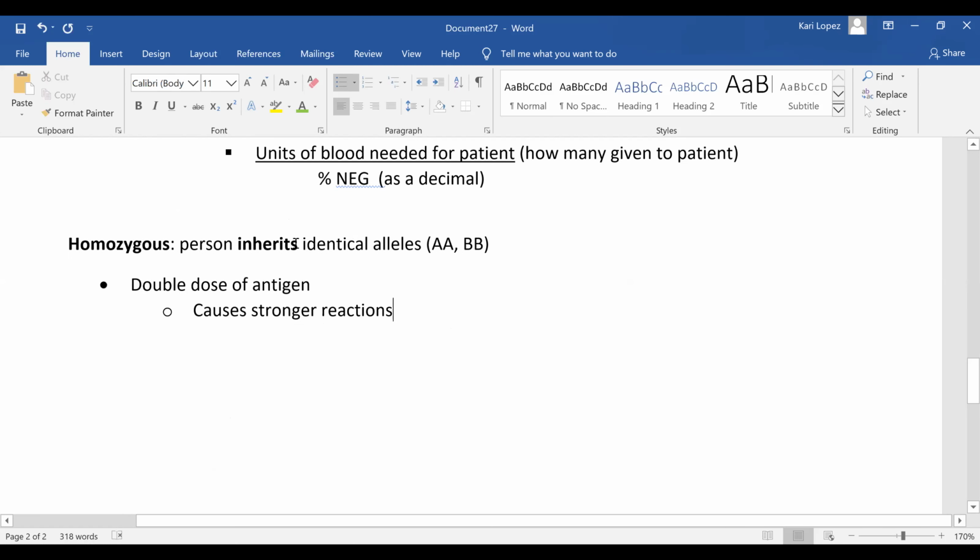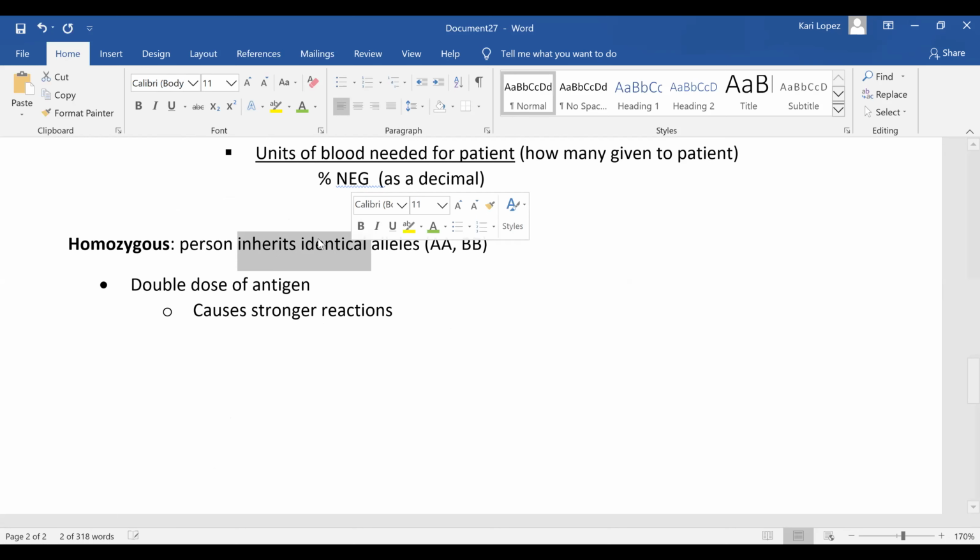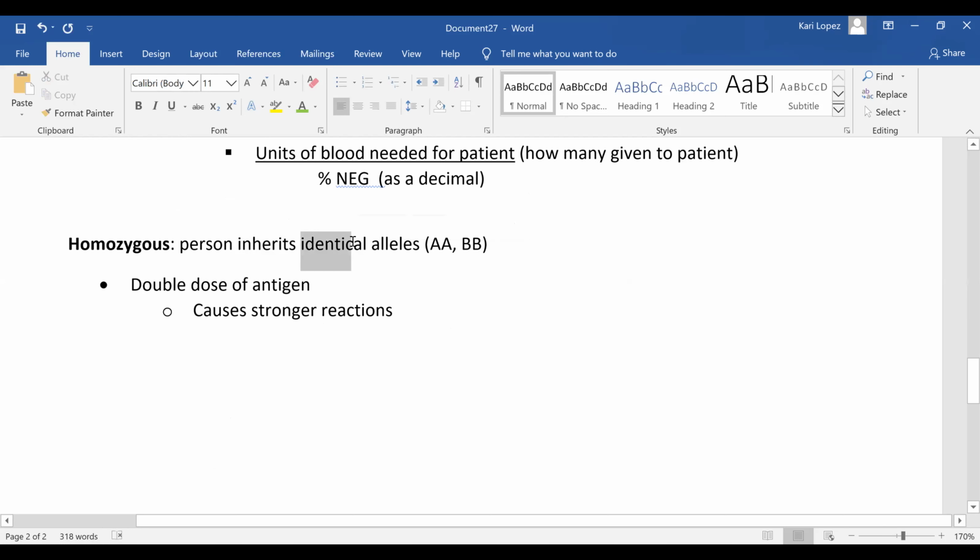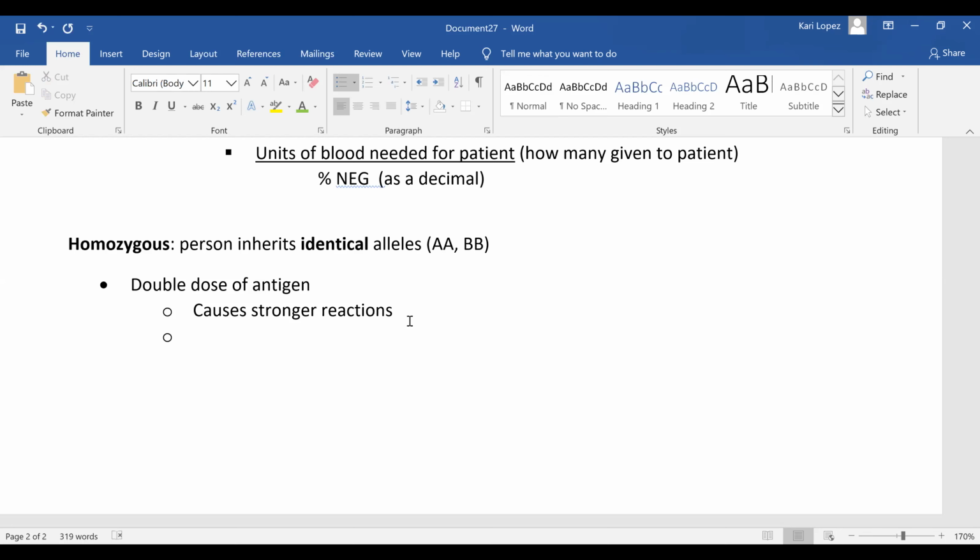So homozygous is a person that inherits identical alleles, so they have a double dose of antigen. That means there's antigen on these cells, and there's going to be antigen on these cells also. So it causes a stronger reaction. And dosage is variation in antigen expression due to the number of alleles present.